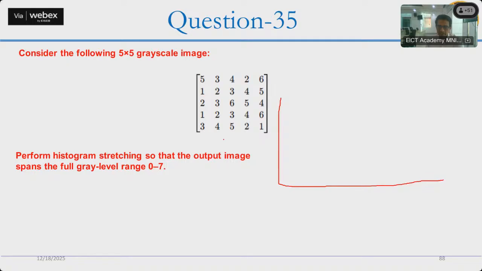it is starting from 1, thereafter 2, thereafter 3, thereafter 4, thereafter 5, then 6.